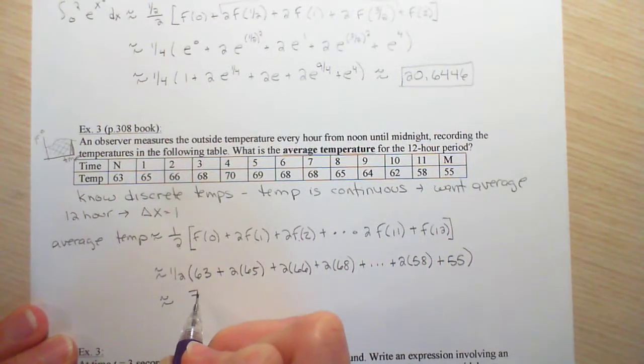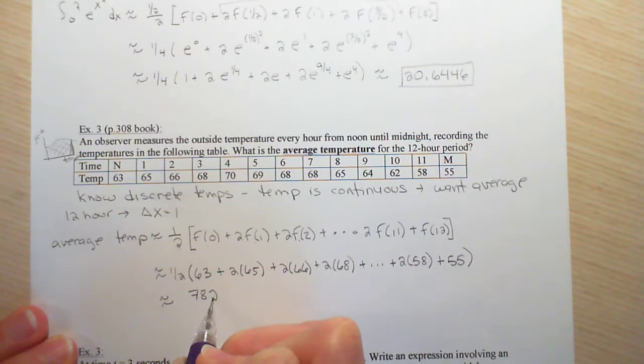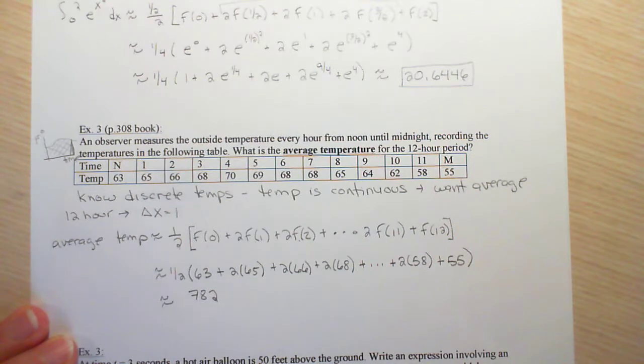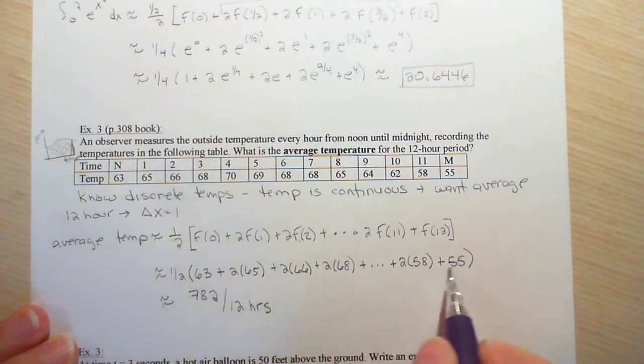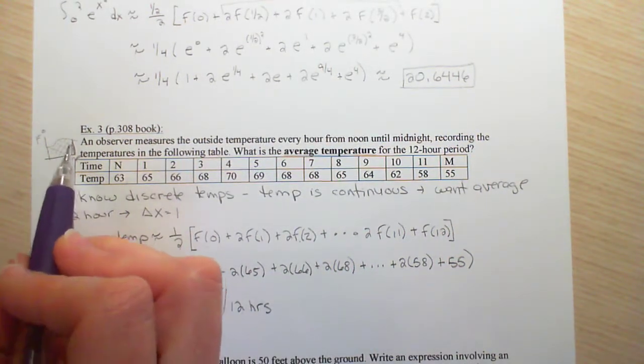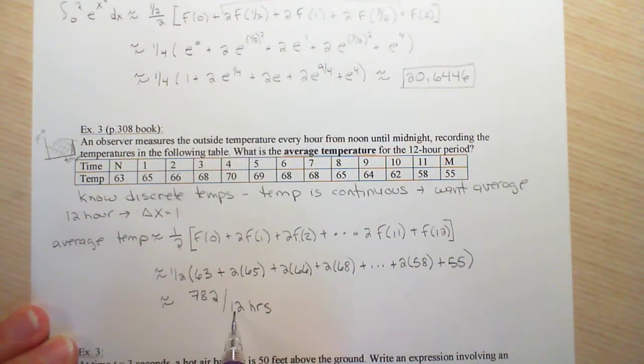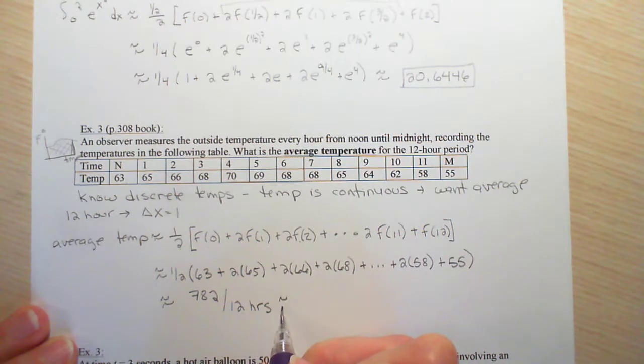I got 782. And remember, we're looking for the average temperature over 12 hours. Obviously, the average temperature isn't 782. That is the area under the curve. So to figure out the average temperature over 12 hours, we divide by 12, which is 65.17.